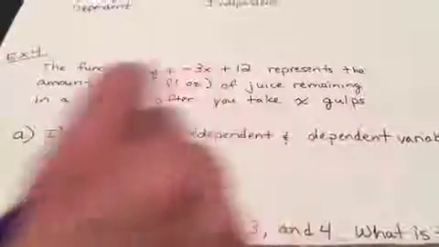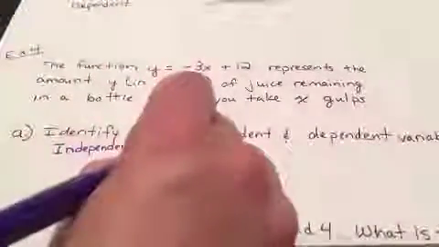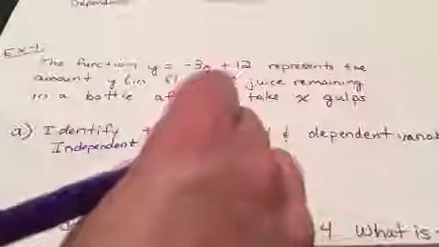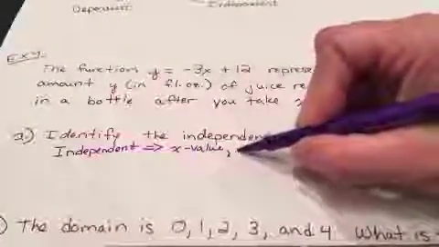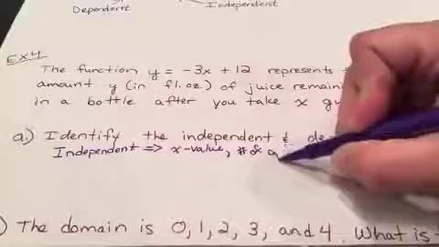The independent variable is the x value, which is the input, which is the number of gulps.